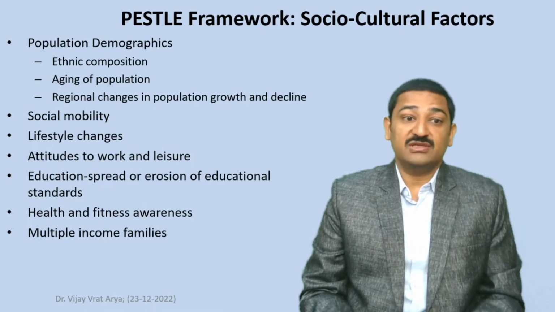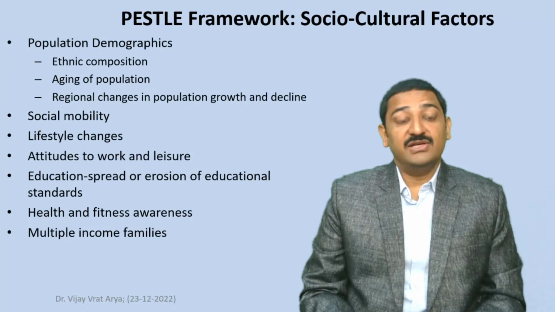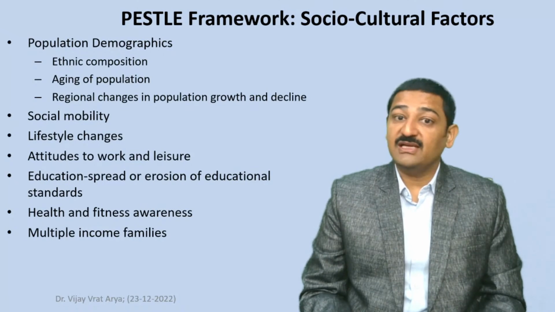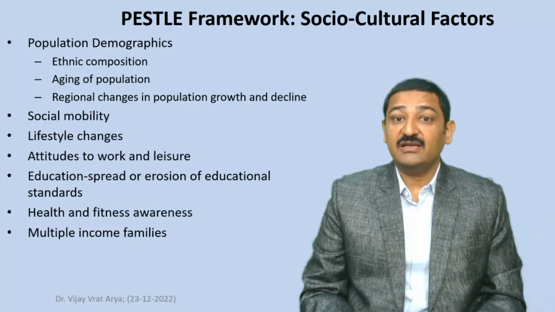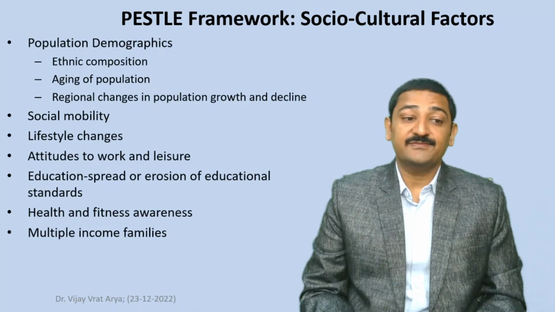So what the composition is needs to be understood here. Regional changes in population growth and decline. Apart from that, social mobility and lifestyle changes, how quickly they are being adopted or change is taking place, are referred to here in the case of socio-cultural factors.